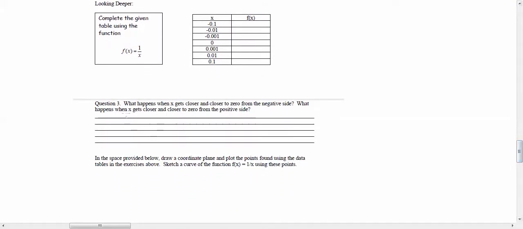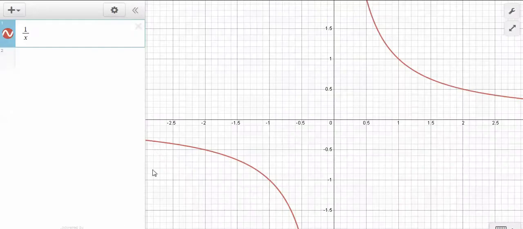All right, what happens when x gets closer and closer to 0 from the negative side? If you look over here on the negative side, x gets closer and closer to 0. What happens with the y value? The y value gets bigger and bigger negative. So technically that means smaller and smaller, more and more negative.